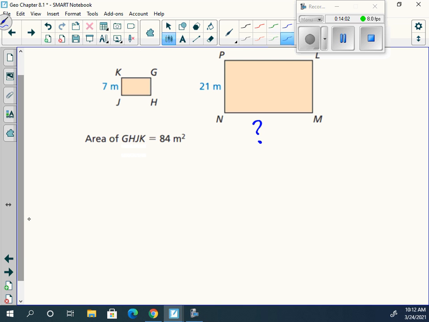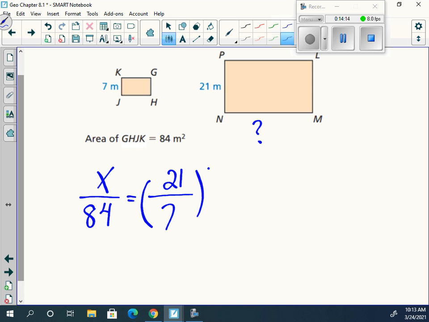Well, let's see. So we can do x over 84, yes? Is equal to what? 21 over 7. I was real tempting to write 7 over 21, but it's 21 over 7 is, again, the shape is getting bigger.